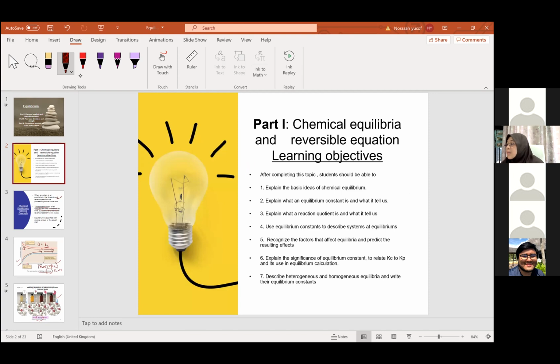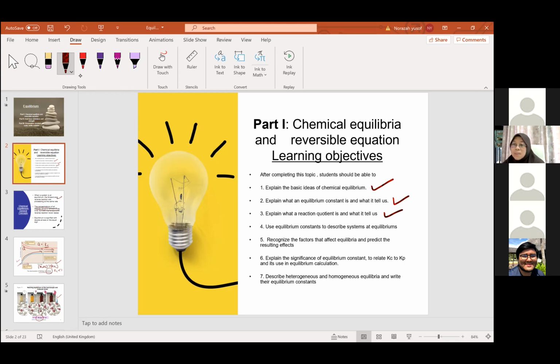So, the basic idea of chemical equilibrium: what is a chemical equilibrium, and how do you understand it in terms of graph and definition; the expression of the equilibrium constant, how do you write Kc, and what is Q, what is the meaning of Q, and when is Q equal to Kc.